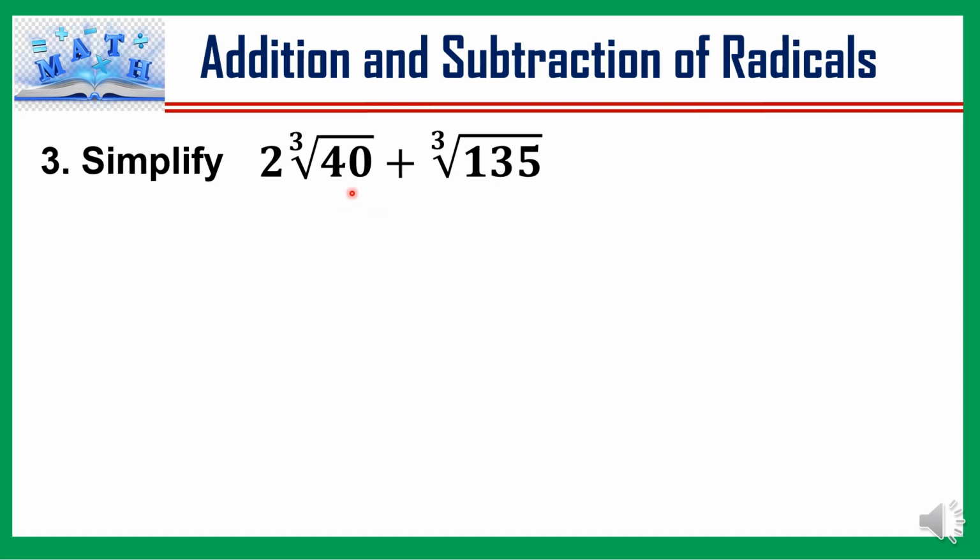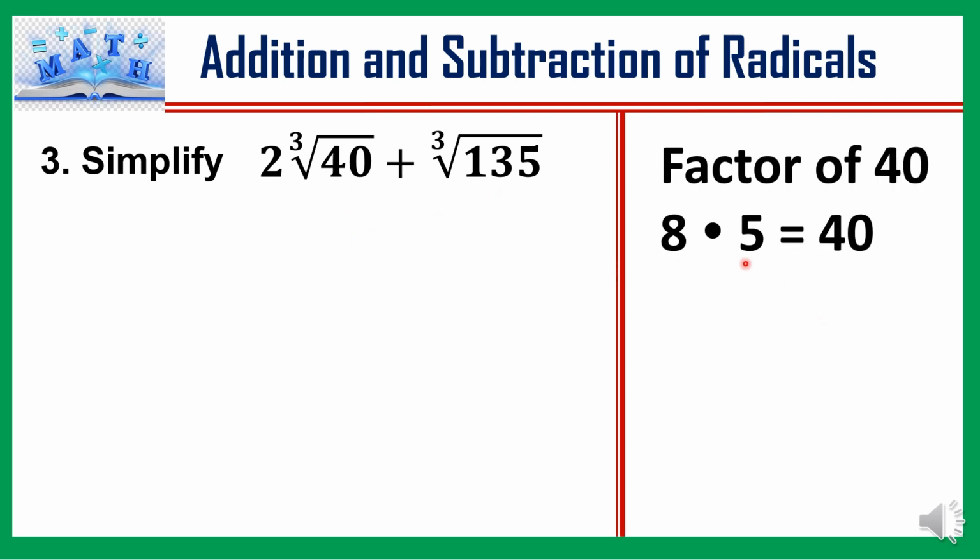Okay. So, si 40 ba ay merong factor na kung saan ang isang number na pair ng factor niya ay merong cube root. Same with 135. So, let us find now the factor of 40. So, factor of 40 is 8 times 5 na kung saan yung 8 natin ay merong cube root. Next, magiging solution natin is 2 cube root of 8 times 5.